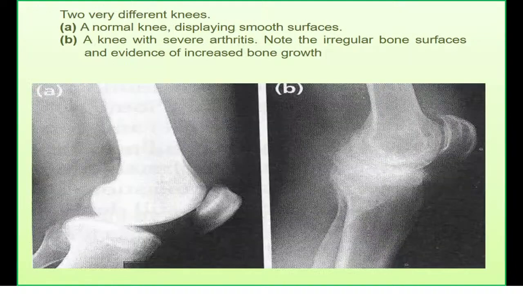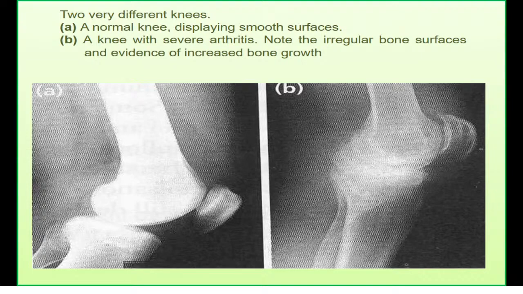You can see these radiographs of a normal knee displaying smooth surfaces and an abnormal knee with an abnormal surface. You can see the irregular bone surfaces and evidence of increased bone growth.